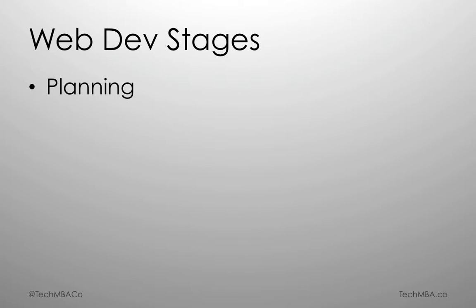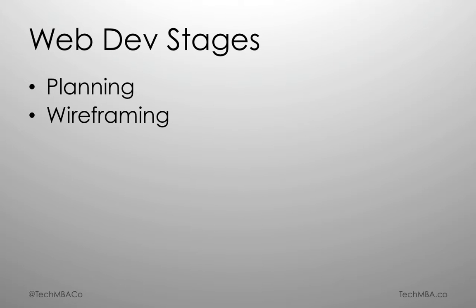So we're going to go through the web development stages. The first one is planning. In every website that you build, planning should be the first thing that you do. You want to know what you're doing before you start doing it. So planning is key. The second thing that you're going to want to do is wireframe. Wireframing allows you to take the plans that you have and to lay them out in a clear way so that you have a good understanding of exactly what it is you're going to build.